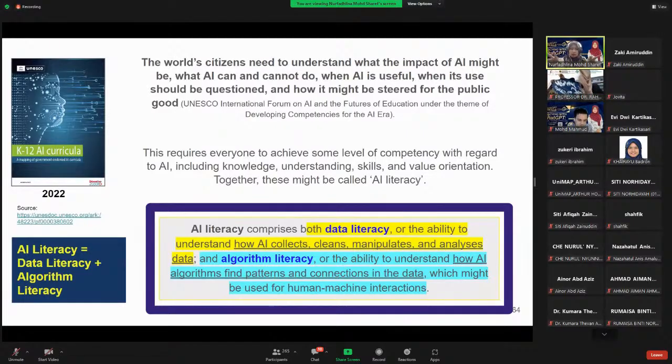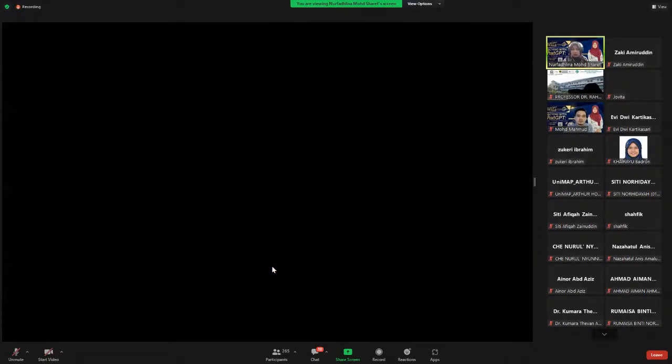This is called AI literacy, which covers data literacy and algorithm literacy. So we understand how AI algorithms find the patterns. One way to do this is for an educator to use and check with ChatGPT from time to time.